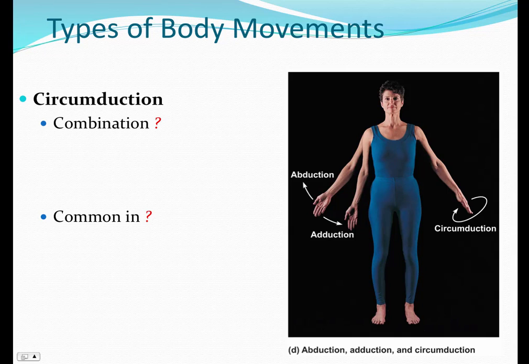The next type of movement is circumduction, and this is a combination of flexion, extension, abduction, and adduction. So if you put your arm out to the side and you make nice circles, this is a combination of all those movements. And because your arm is a ball and socket joint, this is also true of other ball and socket joints as well, so your hip joint, ball and socket.